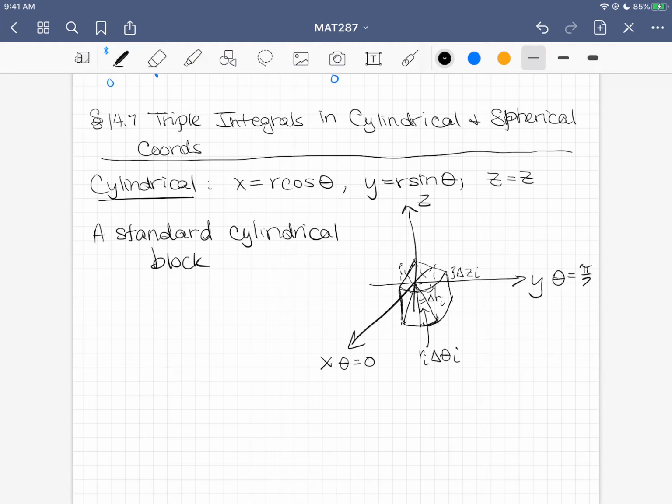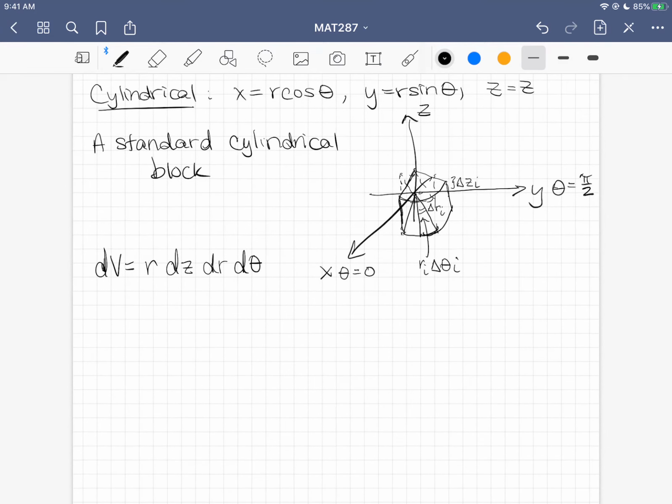All right, and we can think of the x-axis as where theta is 0, and the y-axis is where theta is pi over 2. Okay, so if we do this, we're going to convert dV into cylindrical coordinates using r dz dr d theta. Notice this is just taking our conversion to polar coordinates and lifting it up into 3-space.